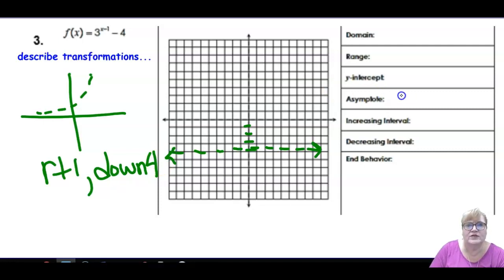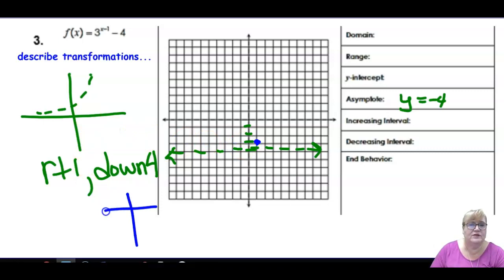So it has an asymptote at y equals negative 4. All right, and normally when we put in a 0, it went through 1. So we were here, 0, 1, but that has shifted, okay, right 1 and down 4 here.